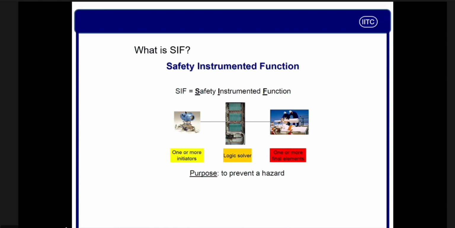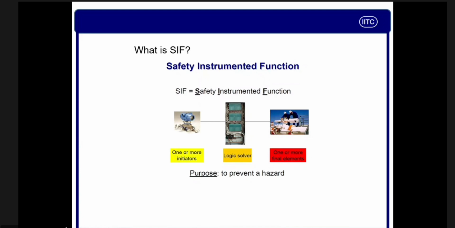have a sensor. If you see on the left side, there is a camera. This is the initiator for any event. After that, this sensor will give the signal to the logic solver. Based on the sensing, based on the set point, it will give the signal to the logic solver, and the logic solver will process the information and give a command to the final element as per the set point, as per the operation control, as per the emergency function.